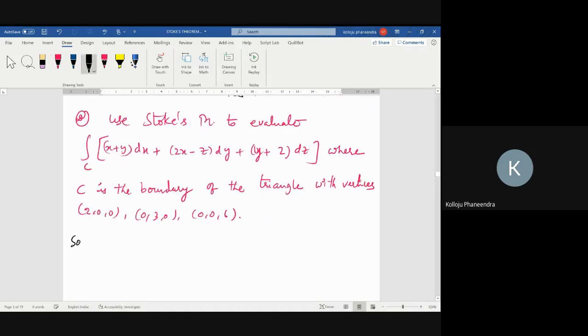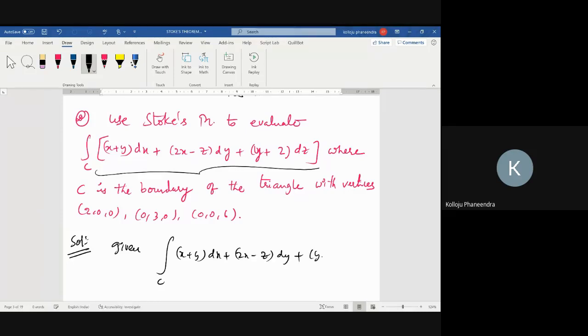Solution. Now, not verification here, right? Using Stokes theorem, first you extract what is given. Circulation over C, x plus y dx, 2x minus z dy plus y plus z dz.